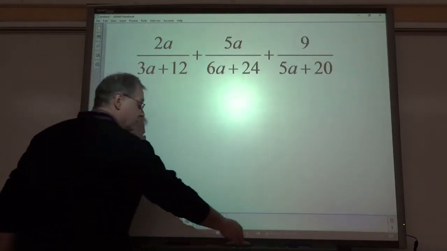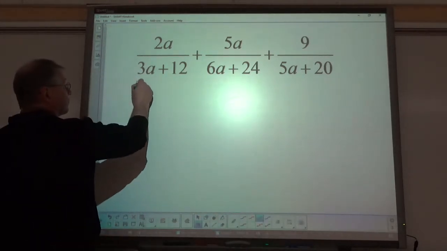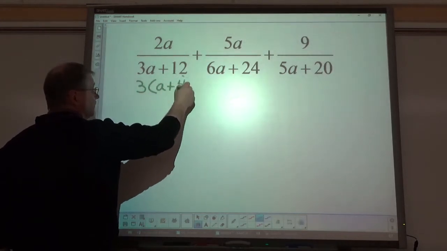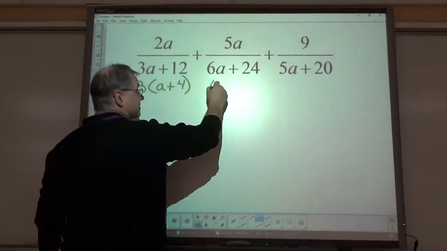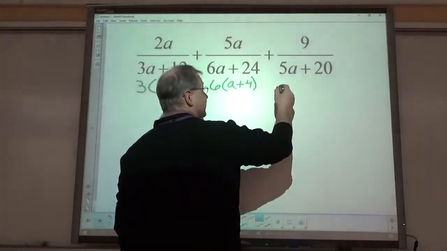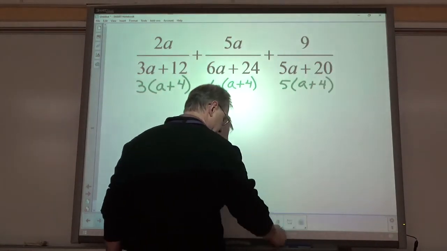So I'm going to go through and factor, if possible, the denominators. In this one, I can pull out a 3 and get a plus 4. Here I can pull out a 6, a plus 4. Ooh, this is a nice thing. 5, a plus 4.